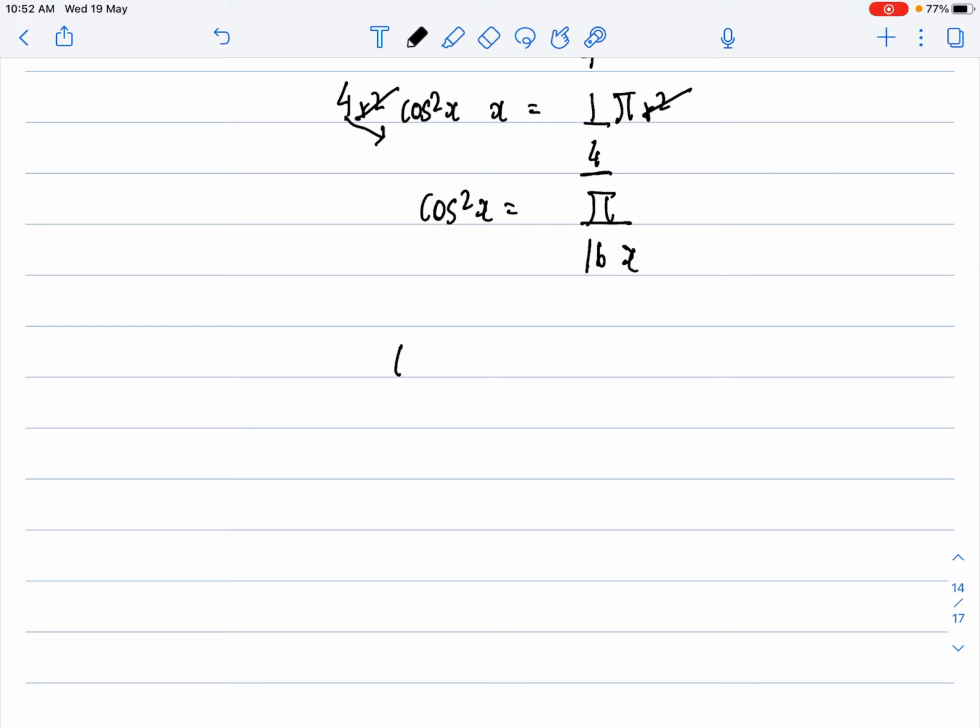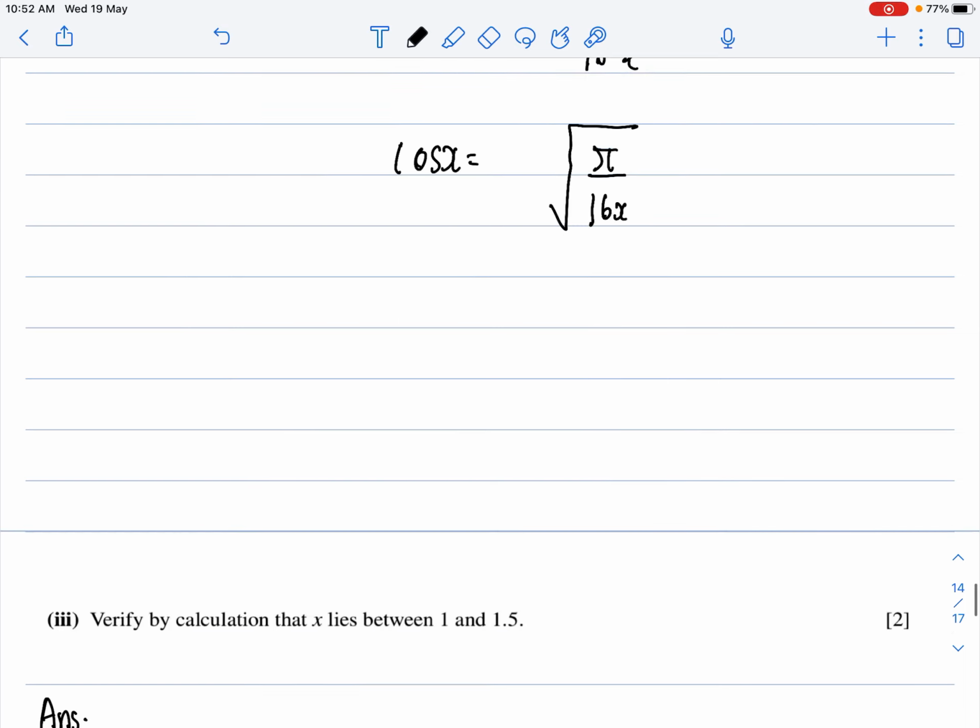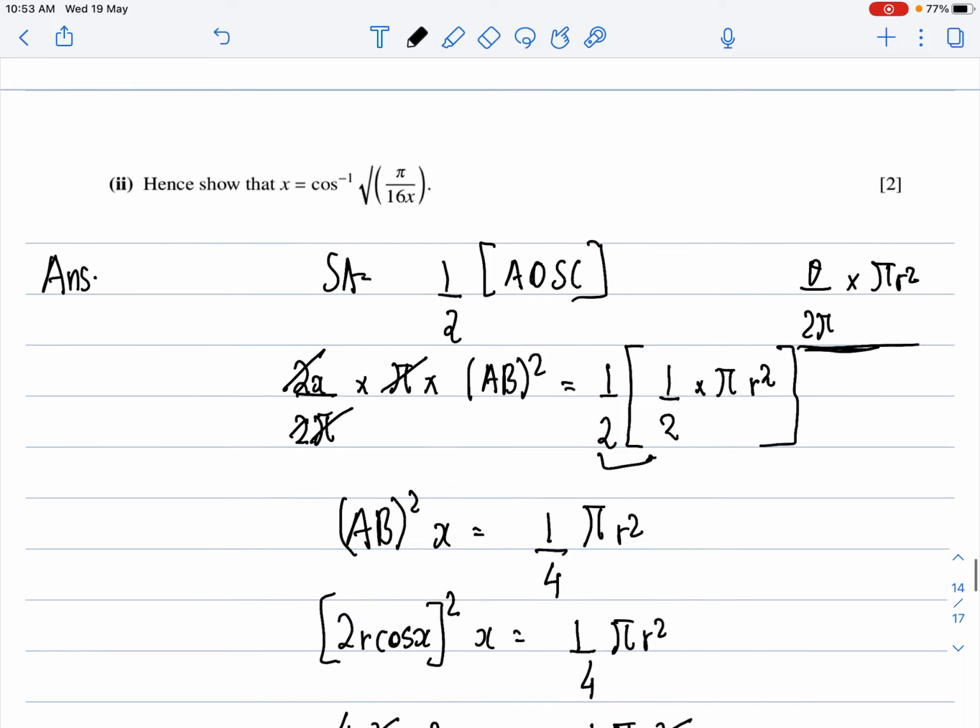So now I can write this as cos square x, or cos x equals the root of pi over 16x, which can be written as x equals the cos inverse of the root of pi over 16x, which is basically what I had to prove.